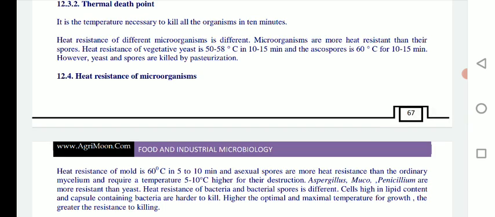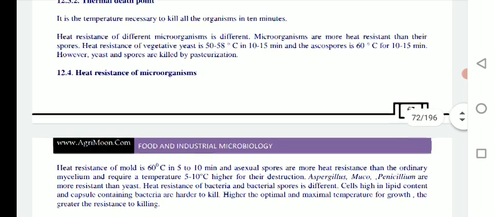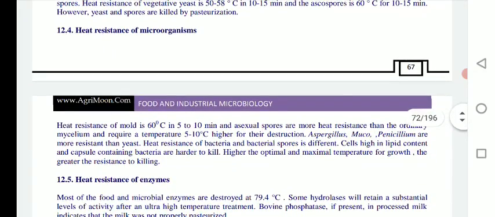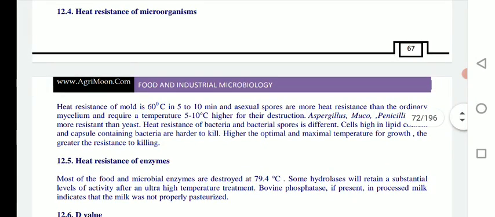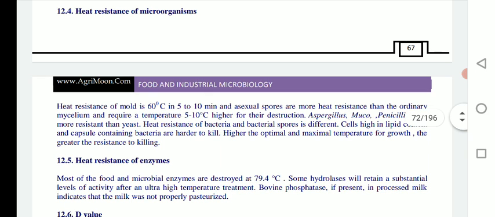However, yeast and spores are killed by pasteurization. Some molds can even withstand 60 degrees Celsius for 5 to 10 minutes, and asexual spores are again more heat resistant than ordinary mycelium and require a temperature 5 to 10 degrees higher for their destruction.